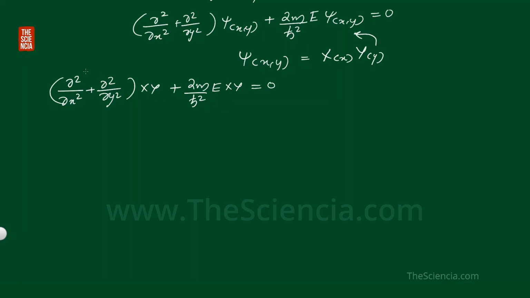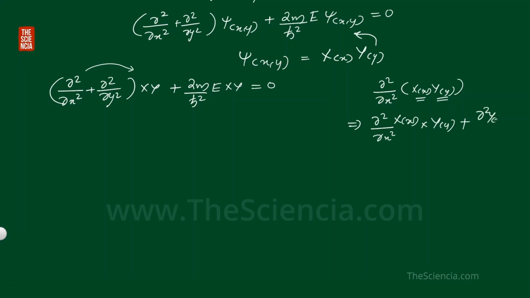Now we can perform this partial derivative on XY. I tell you one example: dou square by dou x square on X of x into Y of y. First you have to operate dou square by dou x square on the first term, that is dou square X by dou x square into Y of y, plus now we have to operate dou square by dou x square on Y of y.